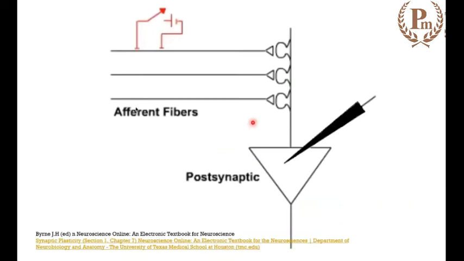Now, let us take an example of a Purkinje cell. Let us take a circuit, a cerebellar circuit you can take. There is a postsynaptic neuron, and this is the dendrite having the dendritic spines. Or you can say, let us take an example of the hippocampus.